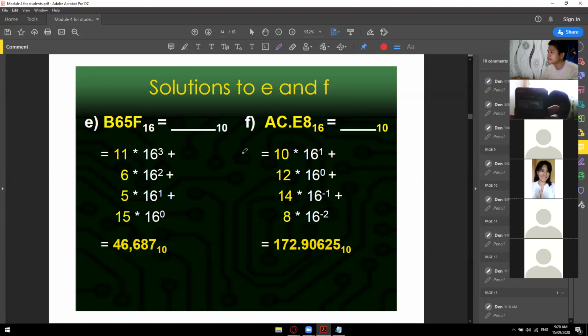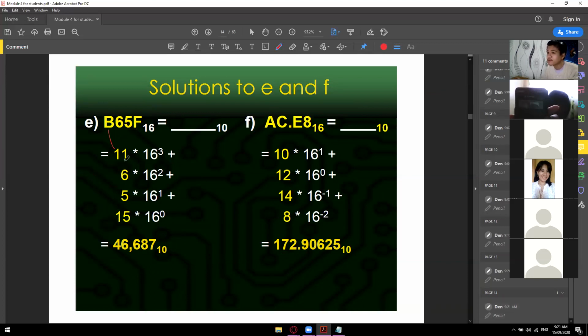So letter E is hexadecimal naman. So same process. Okay? So line up nyo ng pababa. Pero since in hexadecimal, kailangan nyo i-convert into decimal muna. Okay? So hexadecimal, letter B into decimal is 11. So ang palatandaan nyo lang lagi dito is kapag 10, yun na yung letter A. So dito, yung 11 natin is of course yung letter B. So B is 11, 6, 5, and then F is 15.